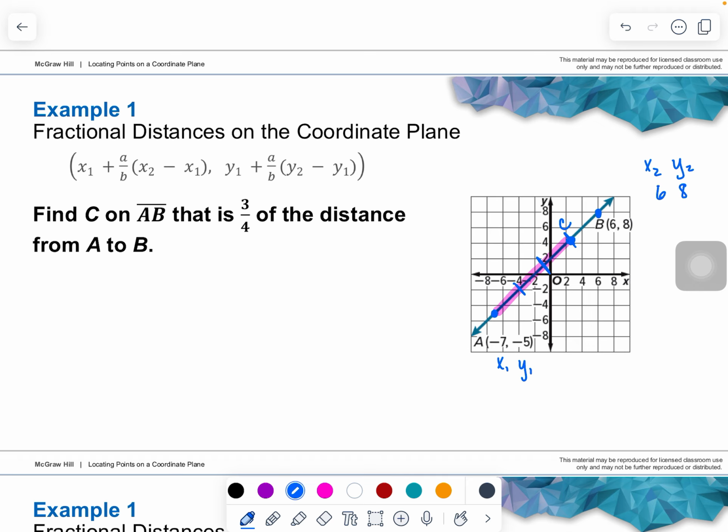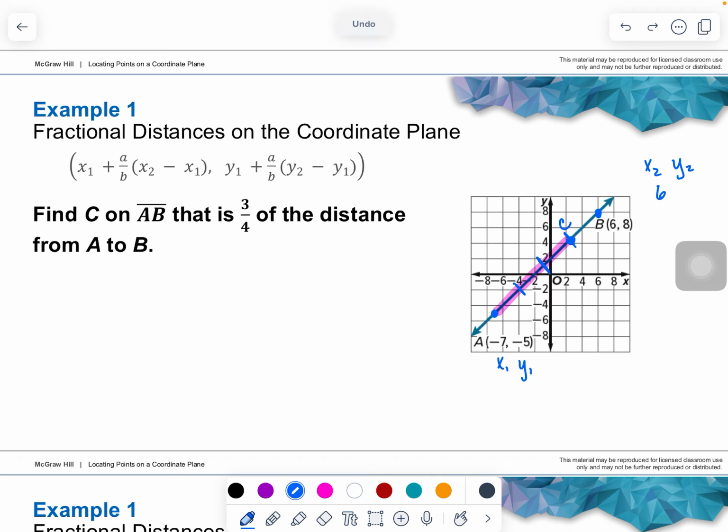I'm going to rewrite this. This right here is our x coordinate, and this right here is going to be the y coordinate of point C. See that? That's what that little comma right in the middle is telling us, that we're looking at two different equations.